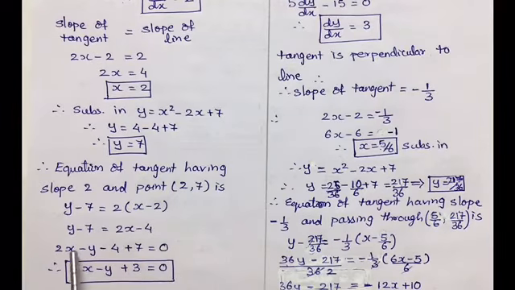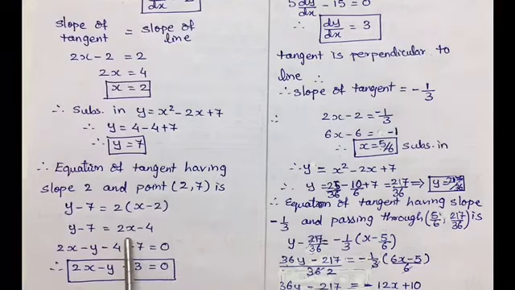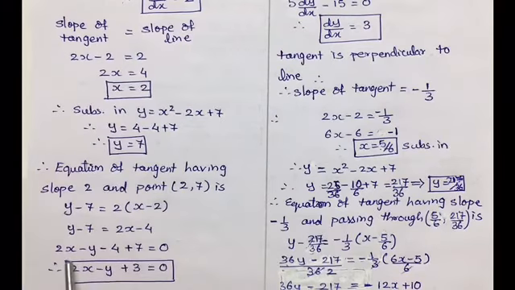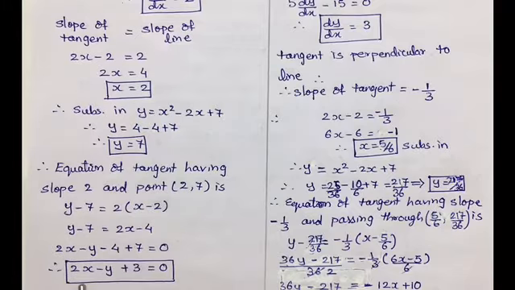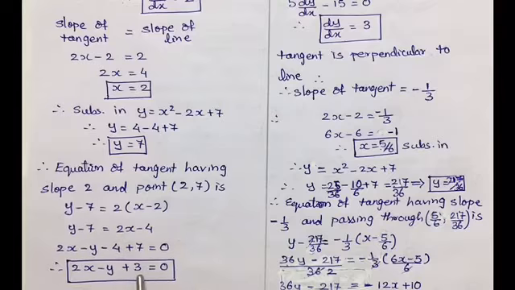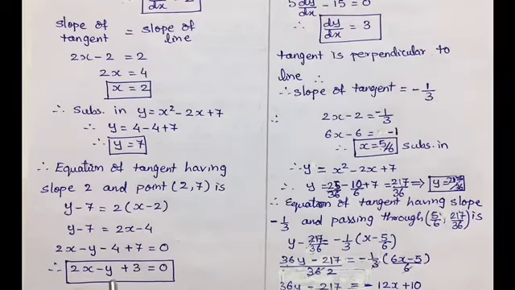Expanding it, we get y minus 7 is equal to 2x minus 4, and simplifying this to get the final equation of tangent, we get 2x minus y plus 3 equal to 0. So this is the final equation of the tangent when the tangent is parallel to the line 2x minus y plus 9 equal to 0.